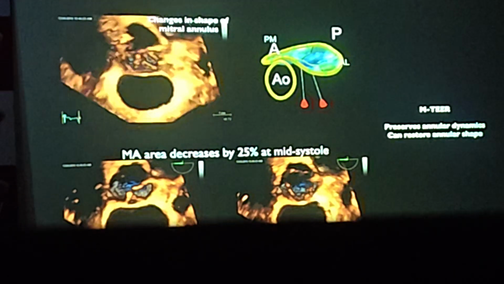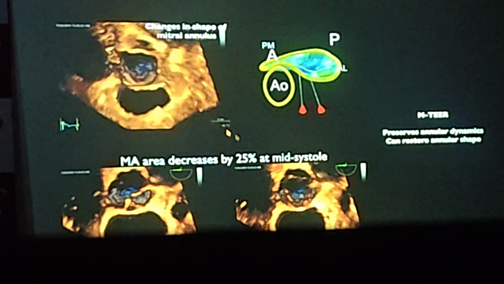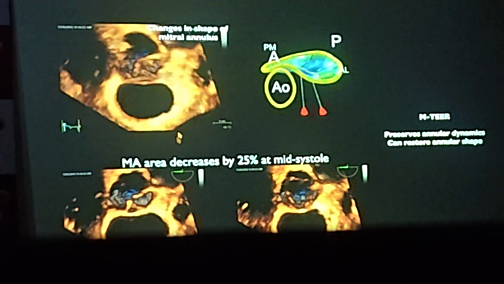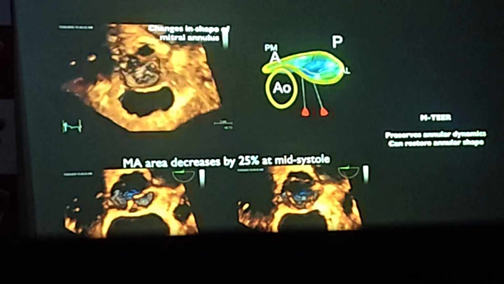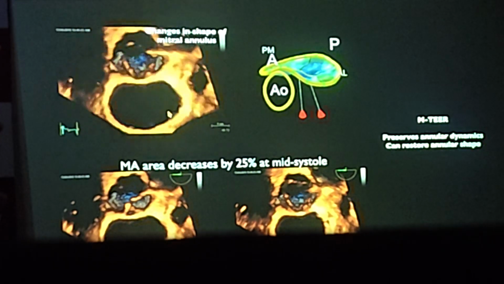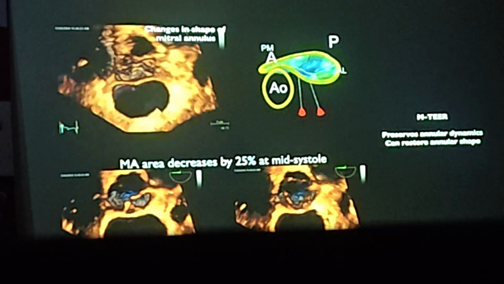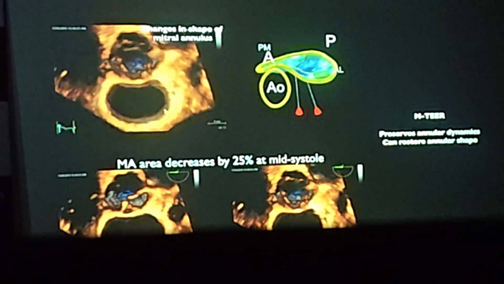Unlike a surgical repair with a ring, it doesn't have that amount of annuloplasty, but here it's an actual annuloplasty, and that is again the dynamics and the shape of the annulus also matter.